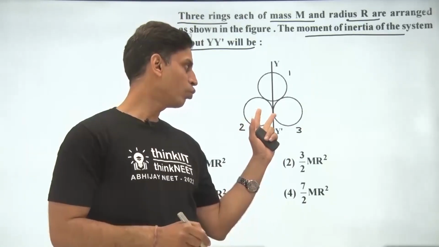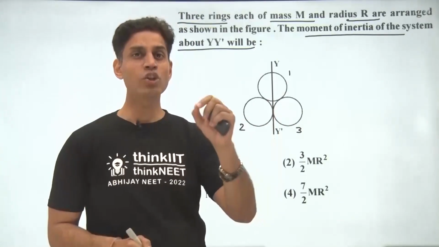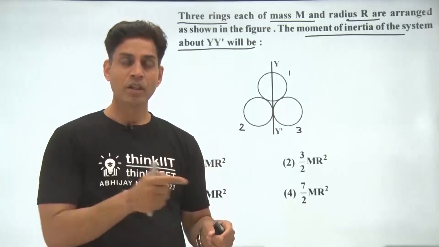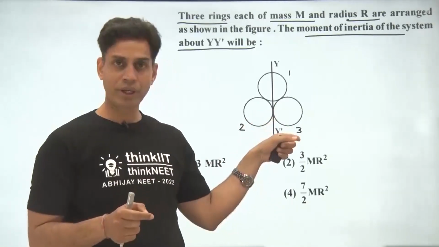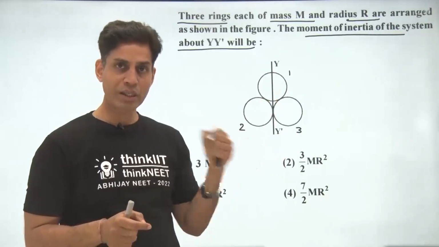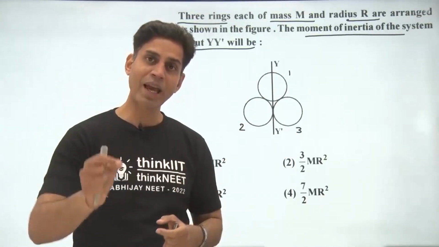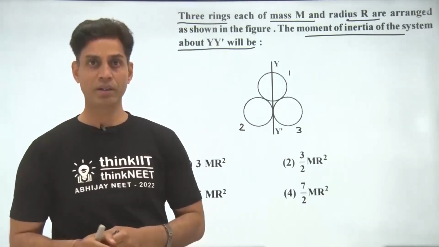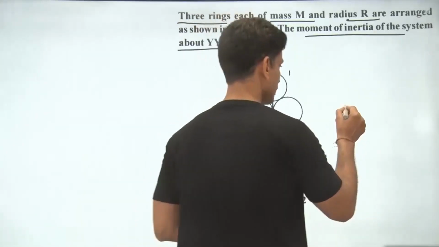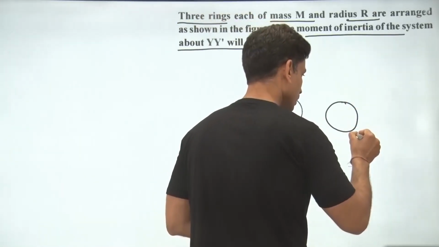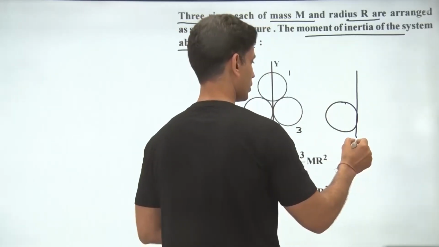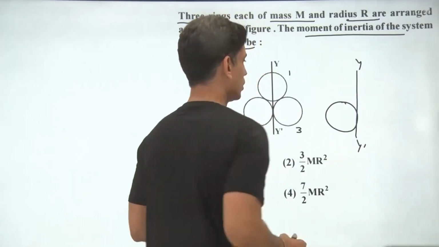And for ring number 2 and 3, this axis is tangential. Just look at this here. For 2 and 3, this YY dash is the tangential axis lying in the plane of the ring. Okay, like this. This is the second, and this is the YY dash. Got it?